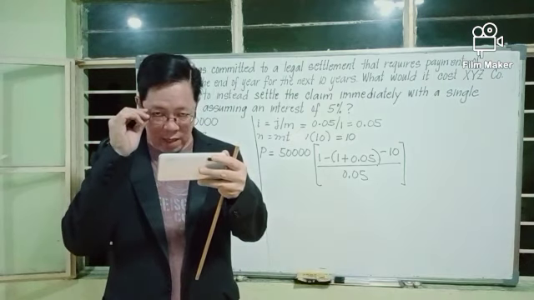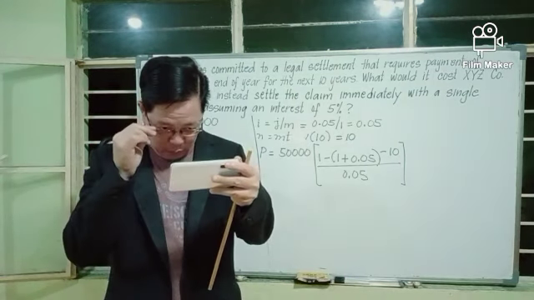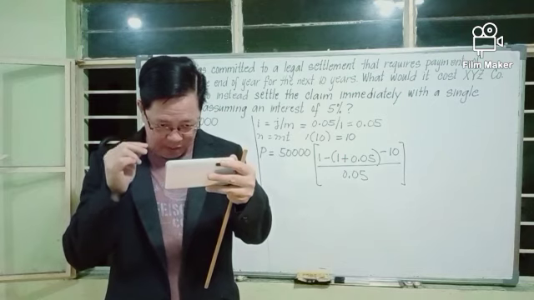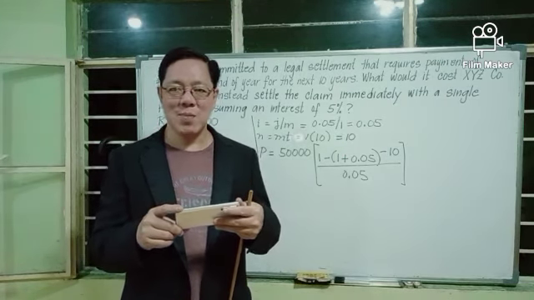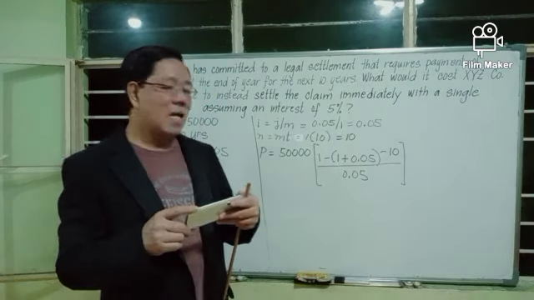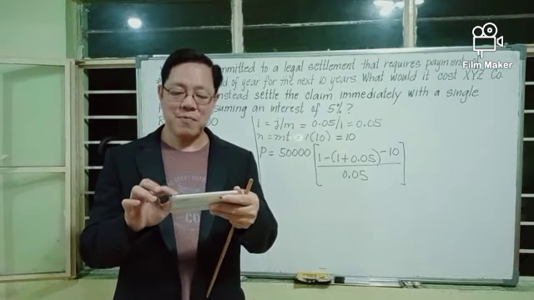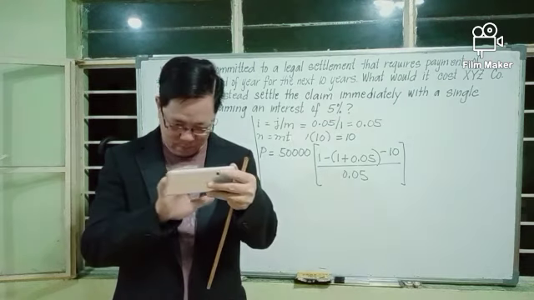And you should get 7.7217349291. It's a non-terminating decimal number. And that answer in your calculator multiplied by 50,000 pesos.